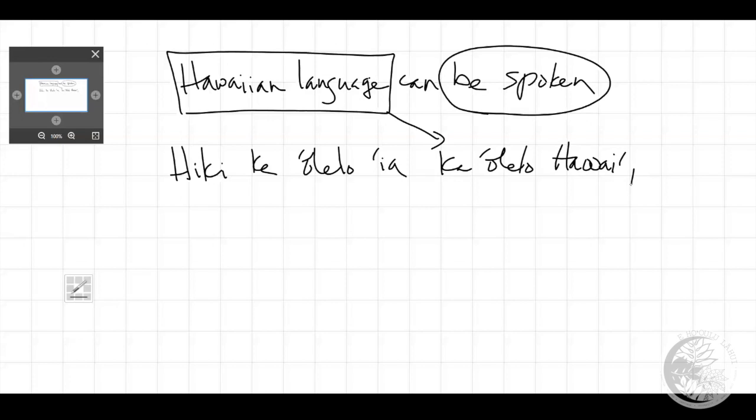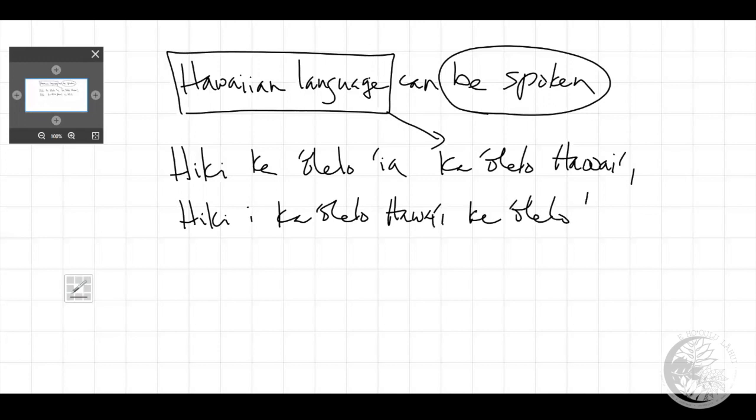Now, a common mistake that people will say is something like, hiki i ka ʻōlelo Hawaiʻi ke ʻōlelo ia. This is a common first year mistake. But we can kind of see, because what they're doing is following the same so-called pattern or formula as the previous one, which is an agency.